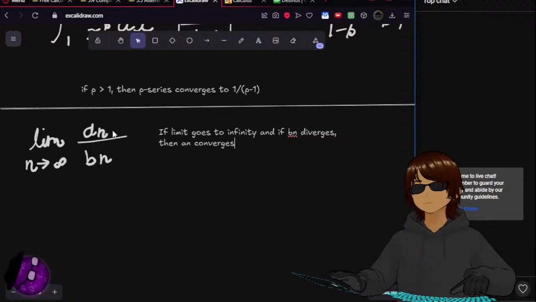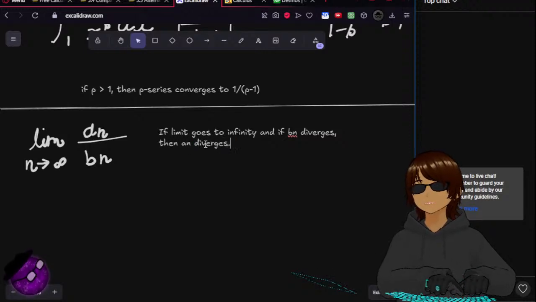If we find that the limit goes to infinity and bn is diverging, then if an converges, it doesn't make sense that the limit is going to infinity. If bn diverges and an converges, then the limit is going to a particular value, right?